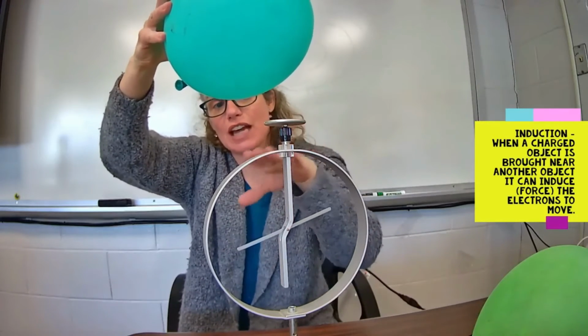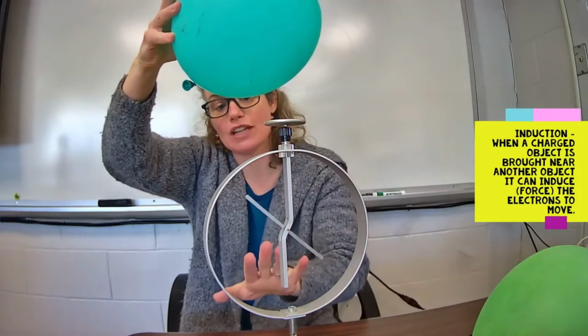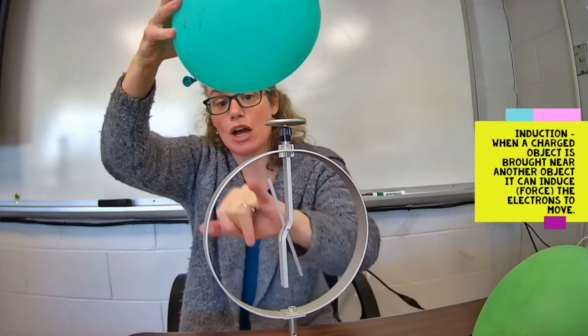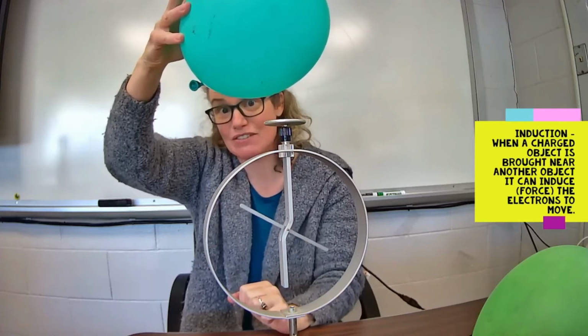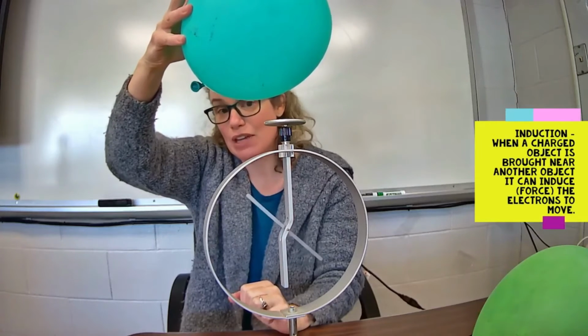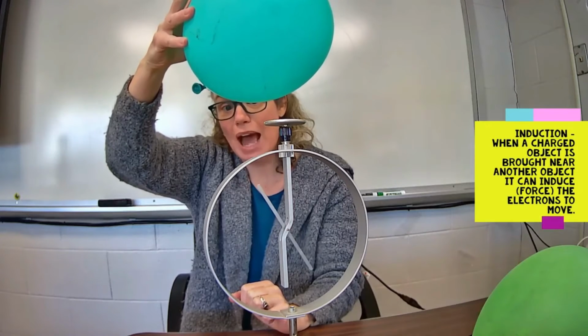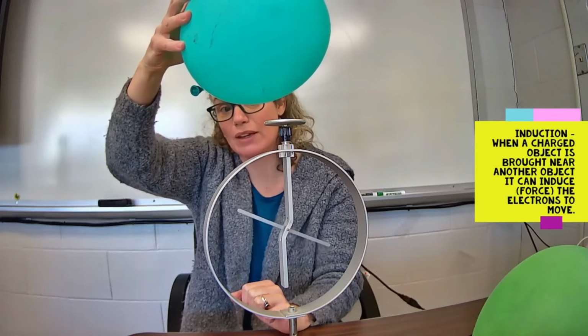So all the negative electrons that are present in this center bar of the electroscope have headed down towards the bottom, causing this bar and this bar to both be negatively charged. And now they are repelling each other. Now, notice what happens, or make a prediction, what will happen if I pull the balloon away.